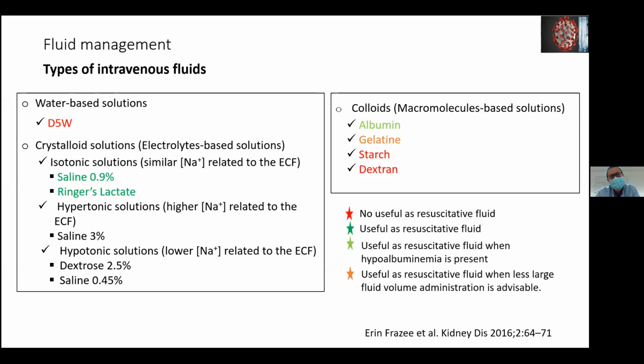Then we have the third one, that is colloid, that is a macromolecule. It means a large molecule that stays for long intravascularly, and then pulls or draws fluid intravascularly from the interstitial and intracellular spaces.